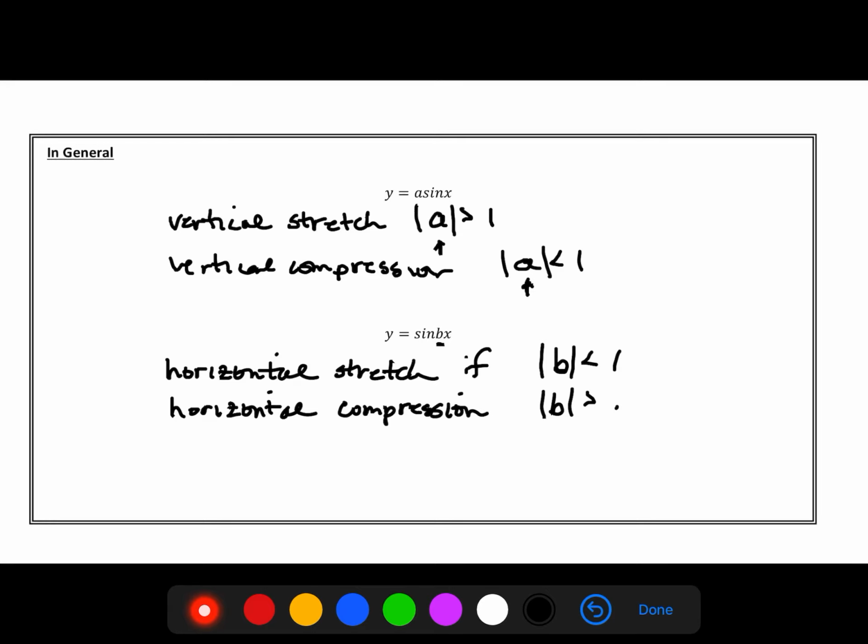And if our absolute value of b is greater than 1, then it does the opposite and is compressed. So if we have 3, it's compressed by 3. It's 1/3 as wide. If b is 1/2, it's twice as wide. We look at the reciprocal of the b value to see what's happening to our x or theta values.